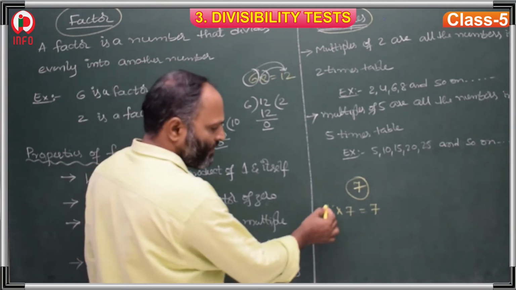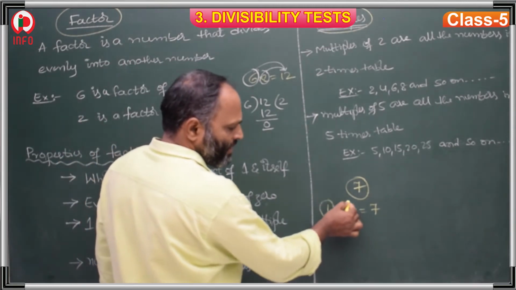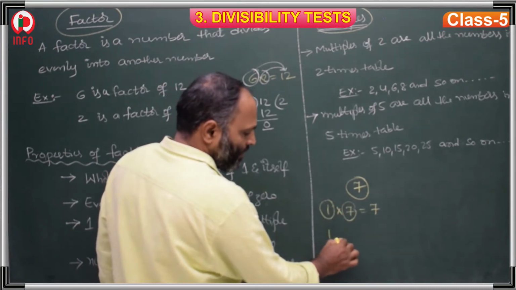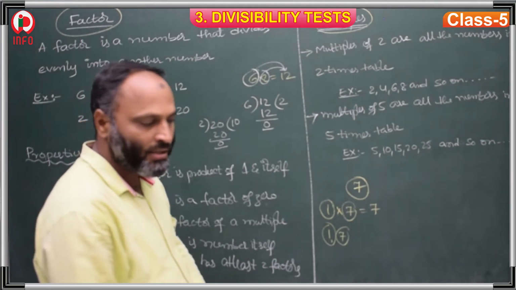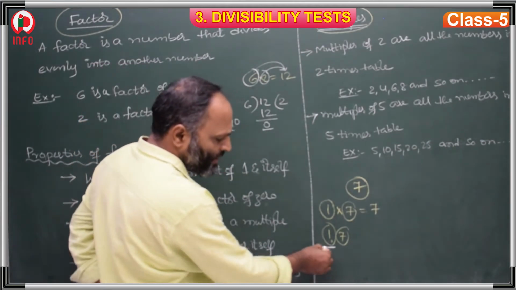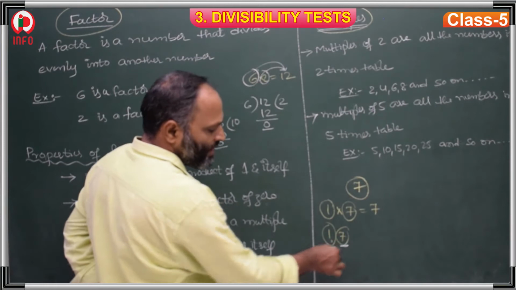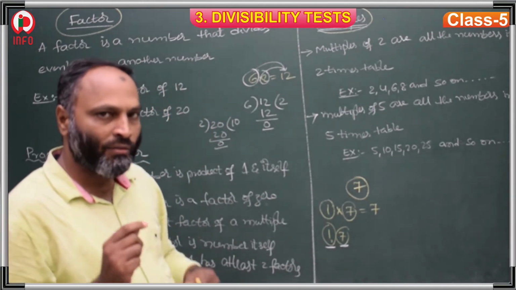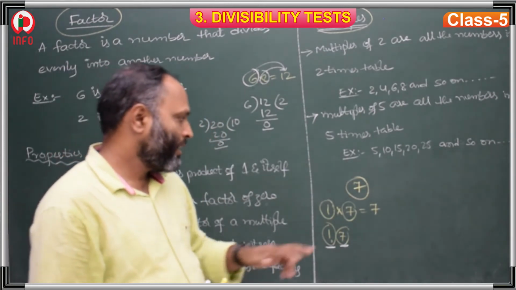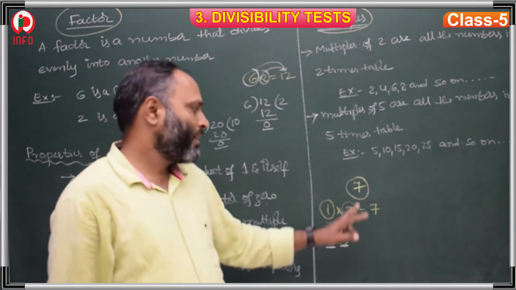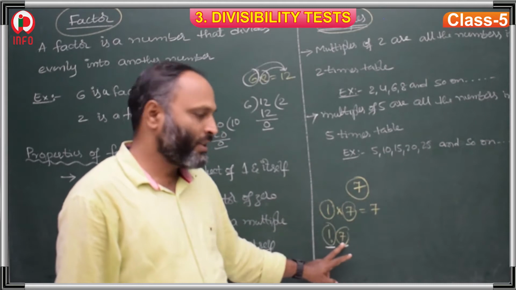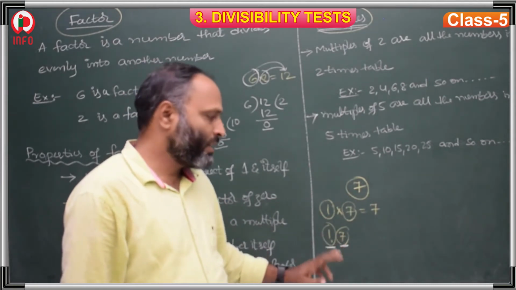How many factors do we have? 1 is one factor, 7 is one factor, so we have two factors. 1 is the smallest factor and 7 is the greatest factor. Whatever number you take, the number itself is the greatest factor. Here the greatest factor is 7 and the smallest factor is 1.